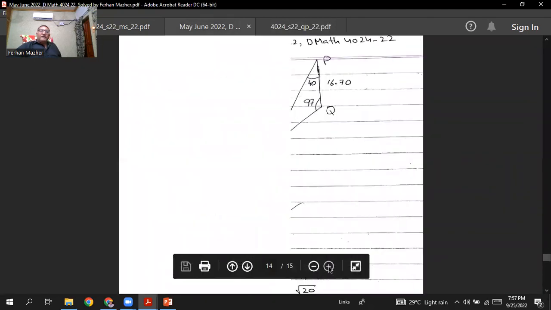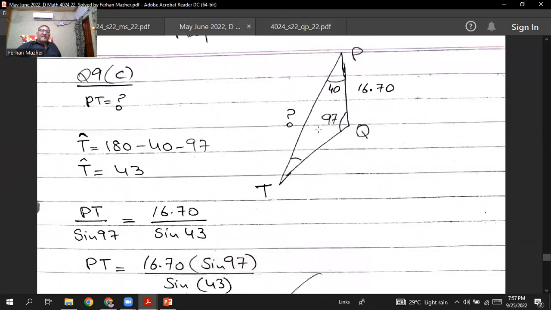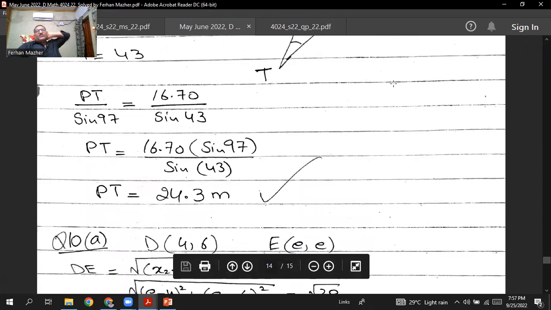Here we go. So this is 40, this is 97. The third angle, the angle at T, will be 180 minus 40 minus 97, which is 43 degrees. Opposite to 43 degrees is 16.70. Opposite to 97 is what we want. So using the law of sines, PT divided by sine 97 equals 16.70 divided by sine 43.